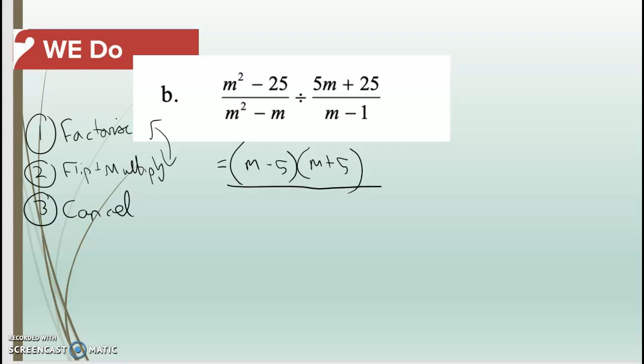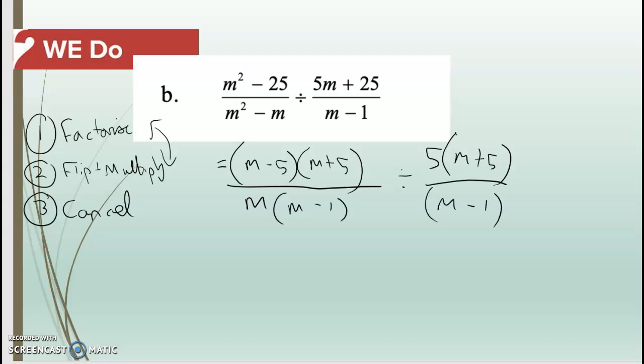Now that's divided by m, take out a common factor, m minus 1, and now divided by 5(m plus 5) all over m minus 1. There are brackets. Now we've done all that work, we can flip the second term and multiply.